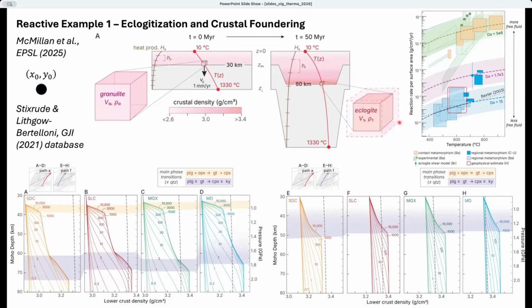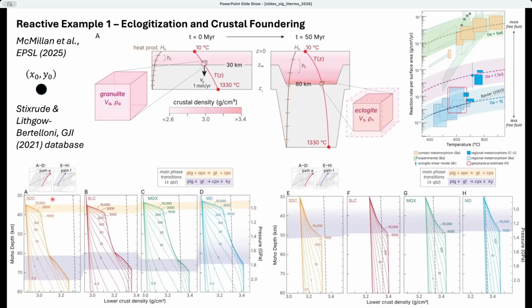And that leads to a Damköhler number, the relative rate between the reaction and the transport. Mitchell used that as a proxy and calibrated it to observations and experiments on eclogitization and generated a range of possible Damköhler numbers from really quite low values, sort of like 15, up to 10 to the 6, depending on whether there is free fluid present in the system.